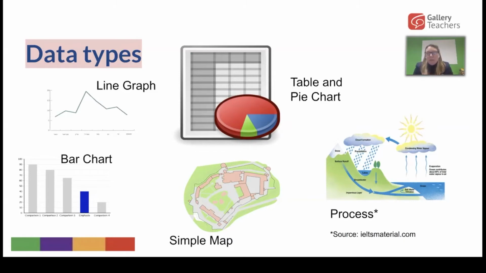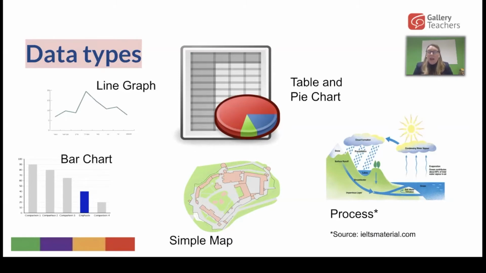However, the principles of what the candidate needs to do, which is really what we're looking at today, are the same. There are, again, many myths around IELTS, many things that people say about which type of data is easier or more difficult. As far as I'm concerned, if a candidate is well prepared, they shouldn't really find any one type of data easier or more difficult.